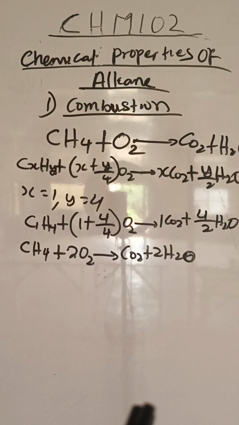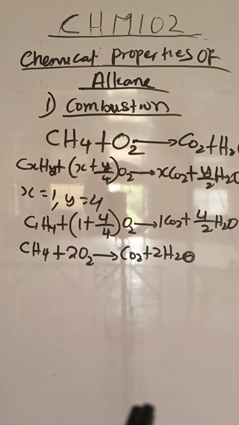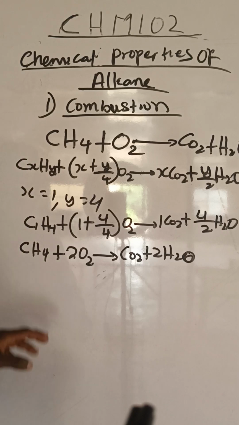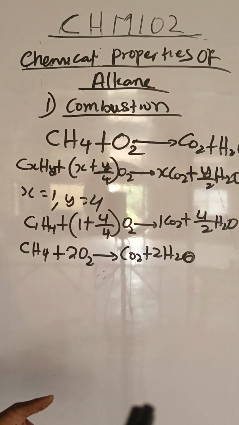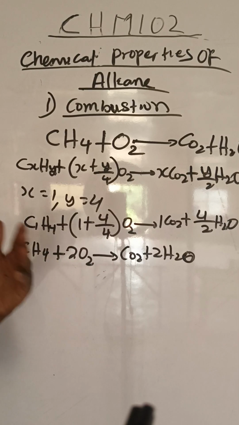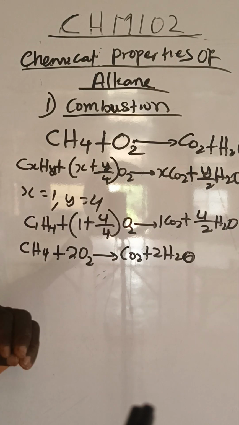So this is the combustion formula. In case you were given the question, make sure you memorize this particular combustion formula. Are you getting it? So you can use the combustion formula to balance any chemical reaction when you are dealing with combustion. This is the combustion formula for alkane. And don't forget, alkane burns with non-luminous flame. I already explained the meaning of luminous flame and non-luminous flame, even the sooty flame.